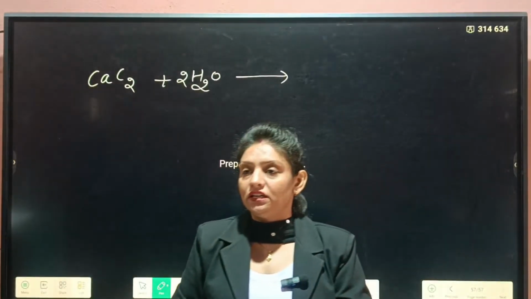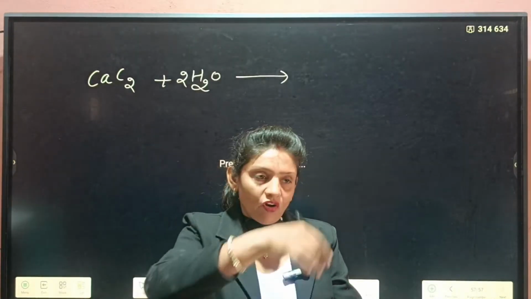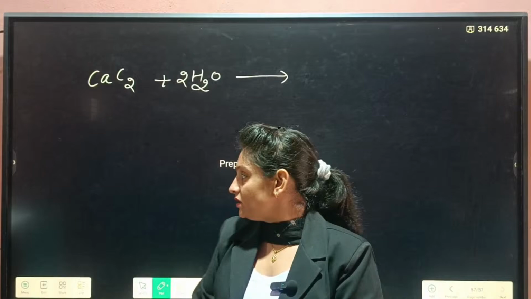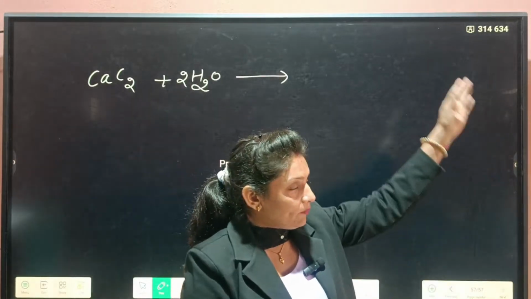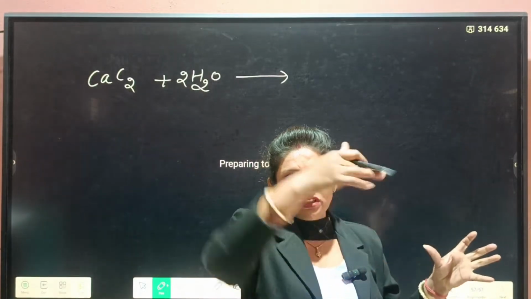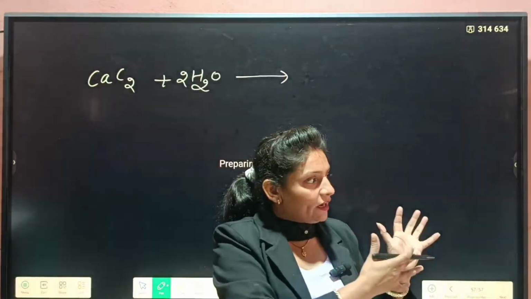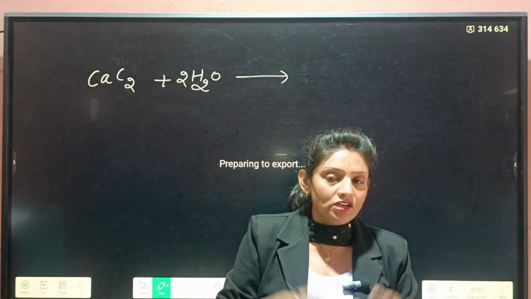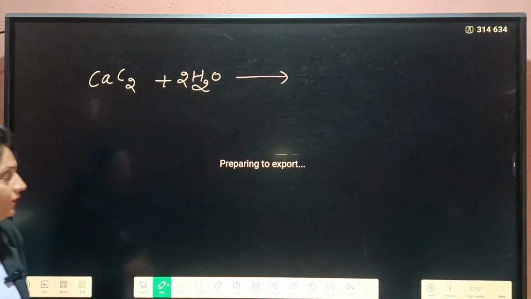Before applying, you will add water into that paste, and that is the calcium hydroxide. And when you apply calcium hydroxide on your walls, it reacts with carbon dioxide present in the atmosphere, and it gives us limestone, CaCO3, calcium carbonate. Due to formation of that, we get shining on the surface.